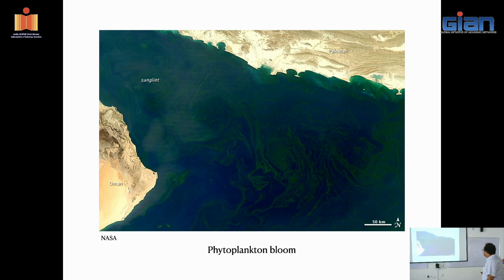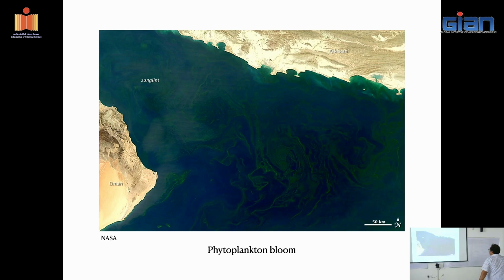So these patches influence the marine ecology to a great extent, and these patches form because of pollution. So we dump, let's say, fertilizers which have phosphorus and nitrogen, which become nutrients for these phytoplanktons, and they start to grow and populate.